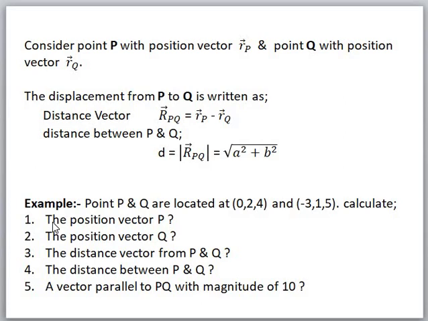First of all, calculate the position vector of P. The next question, the position vector of Q, and the distance vector from P to Q. The next question is the distance between P and Q. The next question, the vector parallel to PQ with a magnitude of 10.